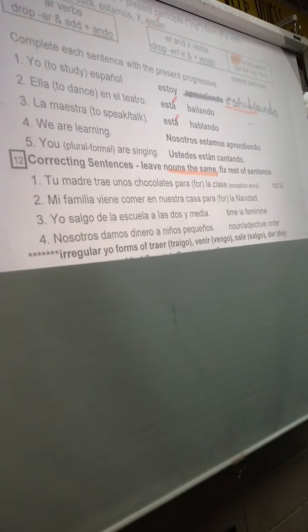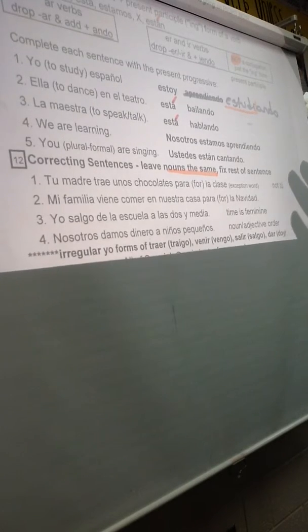You still have to make them agree. So if I say pretty girl, I still have to make the word pretty feminine, but I'm going to say girl pretty. Flip the two. The only other instance where you flip things is when we are making a simple question. If we have subject and verb, your verb is going to come first instead of the subject. But you still have to make them agree. Everything always has to agree.